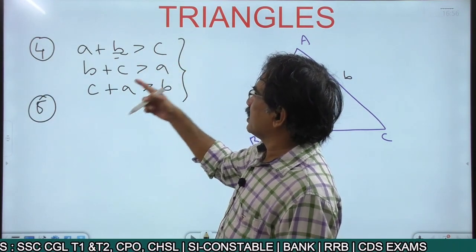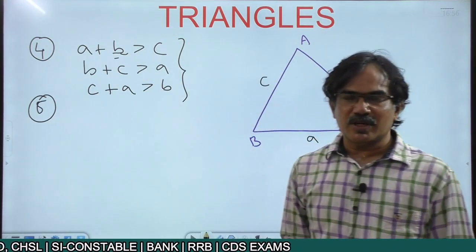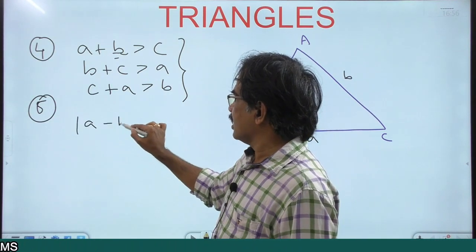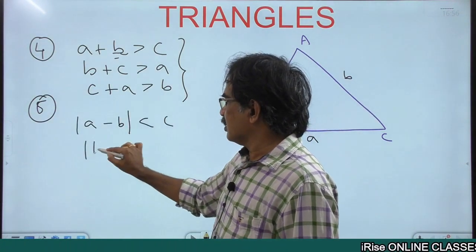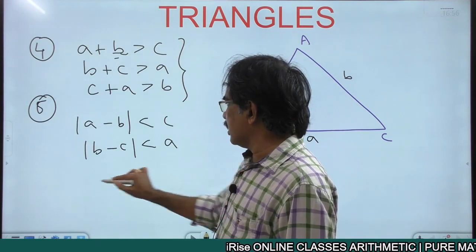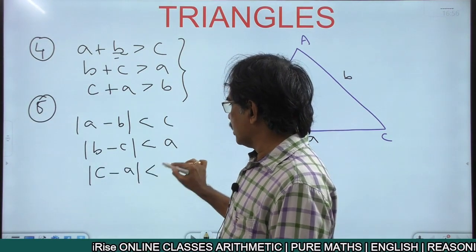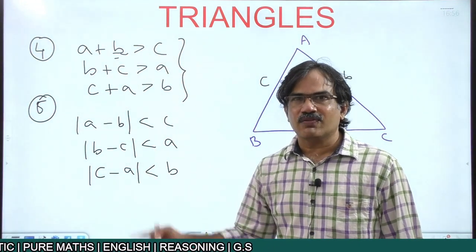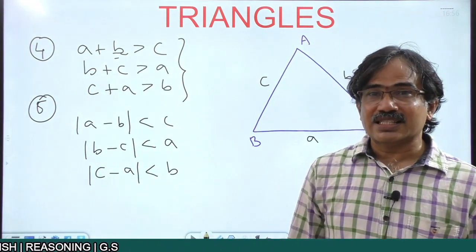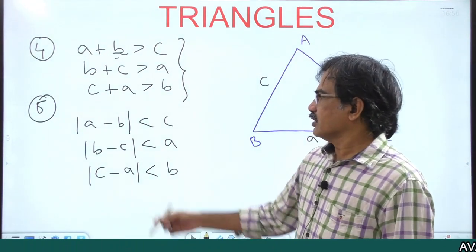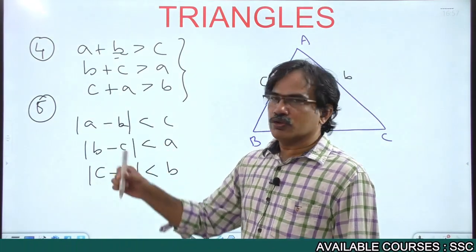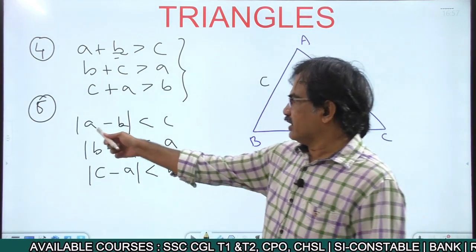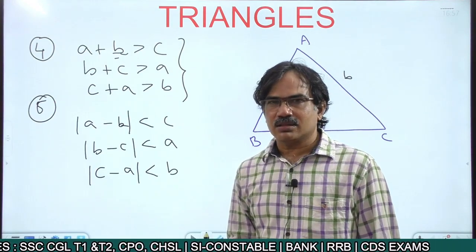So if A plus B greater than C, A is greater than C minus B. That means the difference of two sides, A minus B, less than C. Similarly, B minus C less than A. Modulus of C minus A less than B. Sum of two sides must be greater than third side and the difference of two sides must be less than third side. Here we put modulus because we don't know which one is more, whether A is more or B is more.